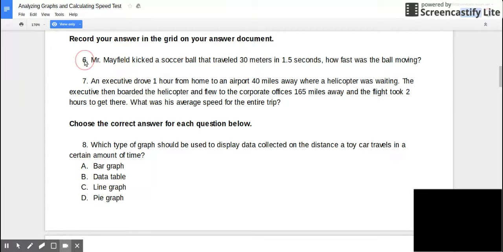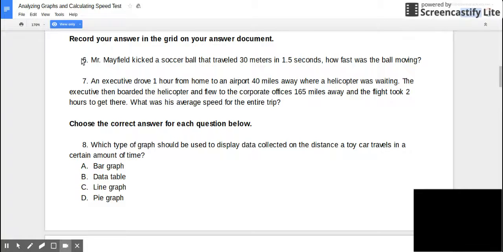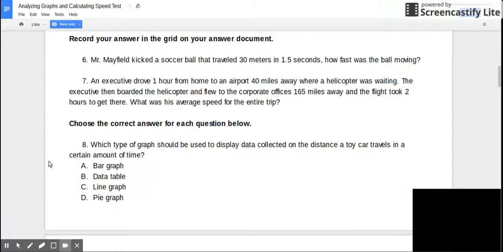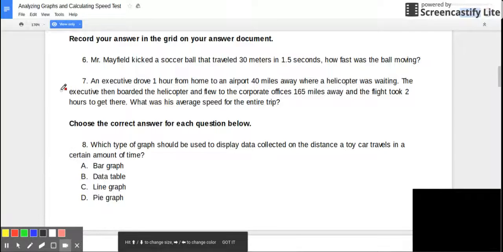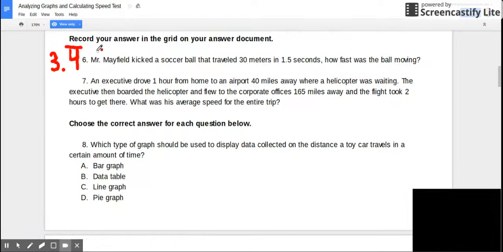Now I'm not going to tell you which one, but 6 and 7, one of them is going to be a repeating decimal. And when you write your answer, normally for a repeating decimal, we draw a little line over the repeating decimal. So let me give you an example on the screen. If you thought the answer was 3.4 repeating, normally you'd write the answer like that.